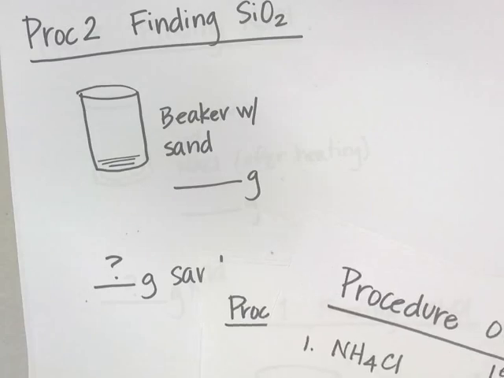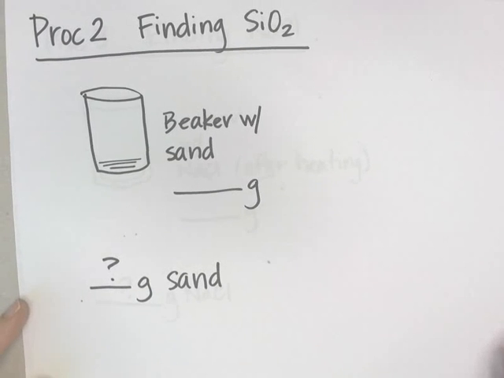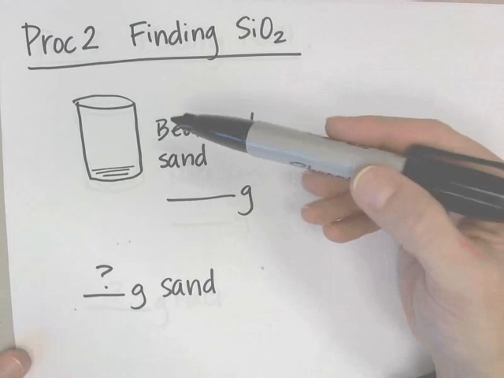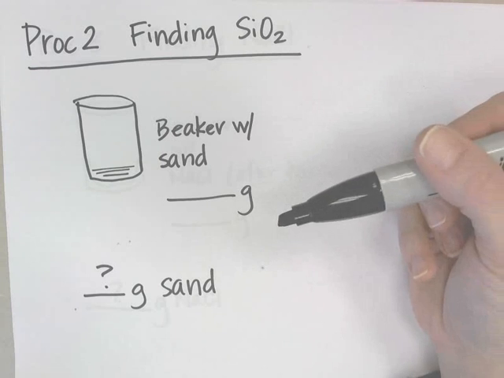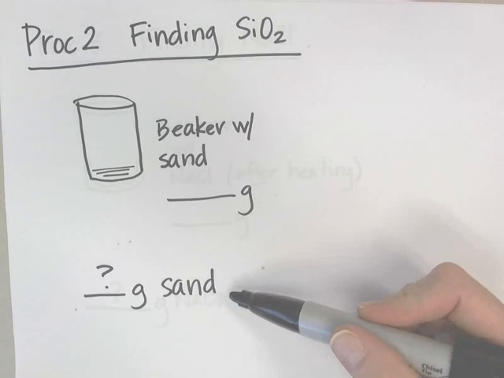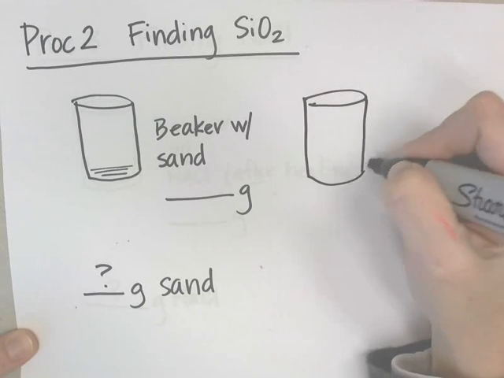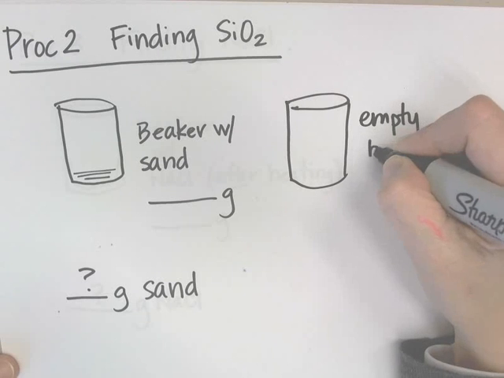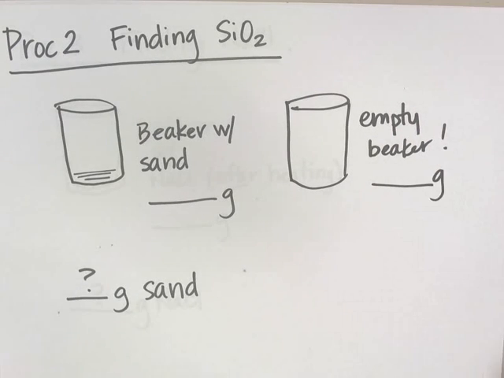Procedure 2, you're going to follow the details of the procedure exactly, and you'll end up with, of course, some sand. And it's going to, again, be in a container. It's going to be in a beaker. And, of course, we want to know, well, how much sand do we have? I just want to know the mass of the sand. So you're also going to need to know the mass of an empty beaker. It turns out in Late Night Labs all the beakers weigh the same.